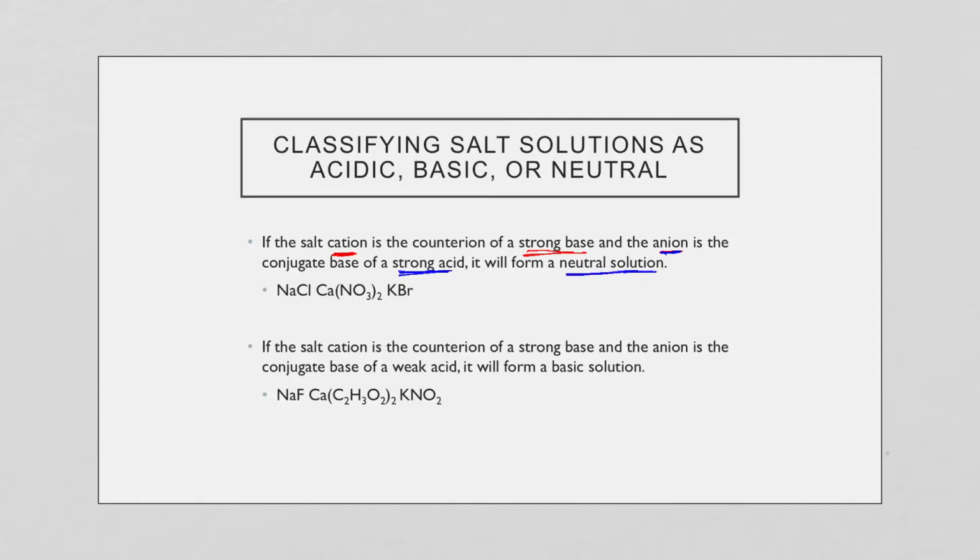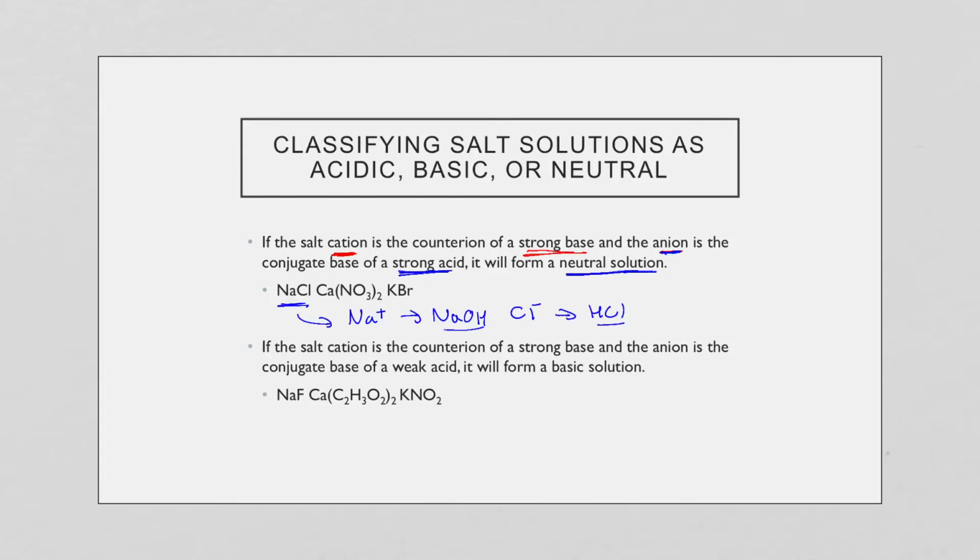So some examples might be something like sodium chloride, right, where the sodium ion here is the conjugate of sodium hydroxide, right, a strong base. The chloride ion is the conjugate of HCl, right, strong acid, right?